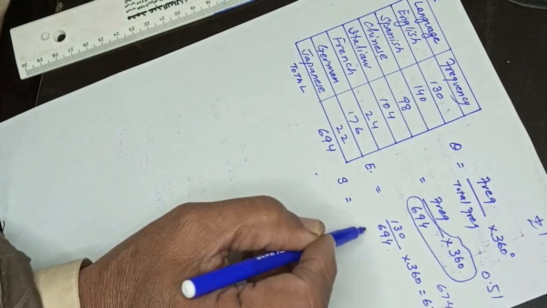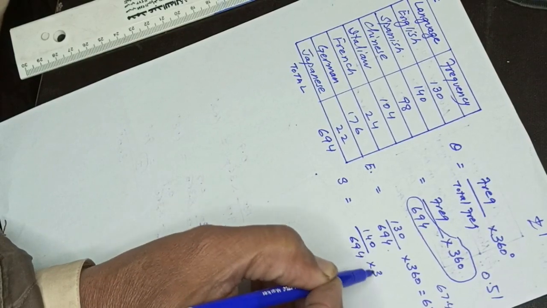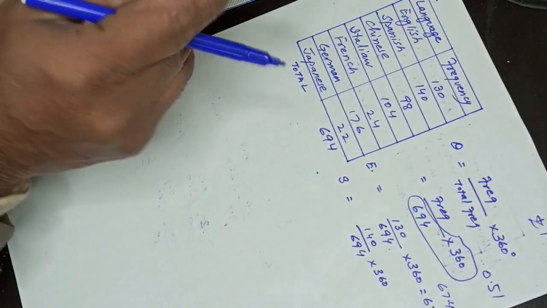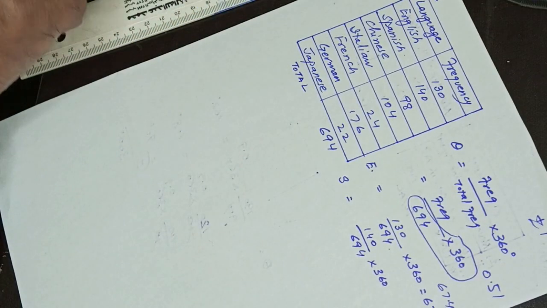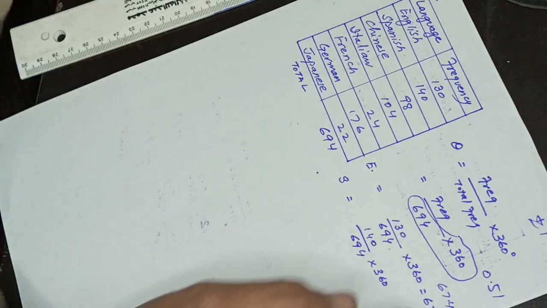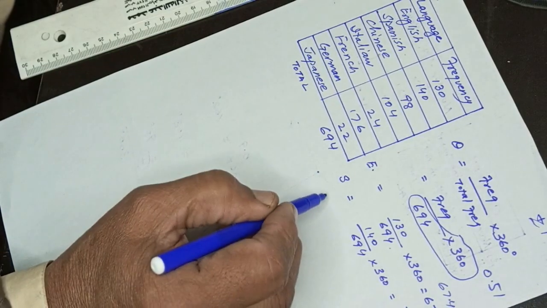Spanish: 140 over 694 multiplied by 360 again becomes 71.4. I am going to take 71 degrees.